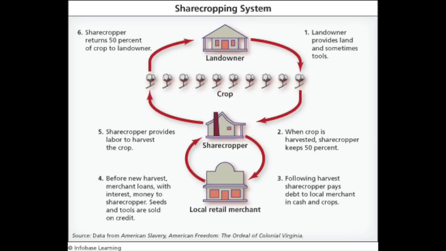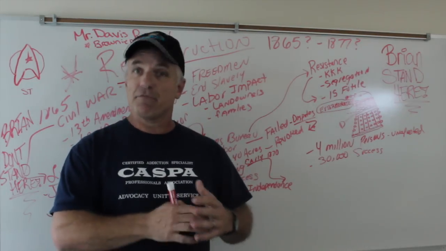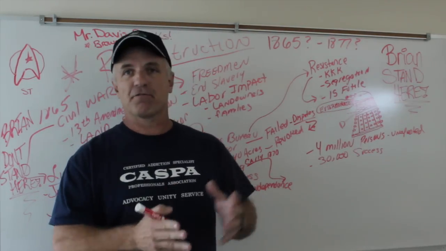And for the freedmen, it was great because now they were responsible and had their own land. They actually felt more independent. It was a great system. It was the most successful system of them all, but still it had its faults.